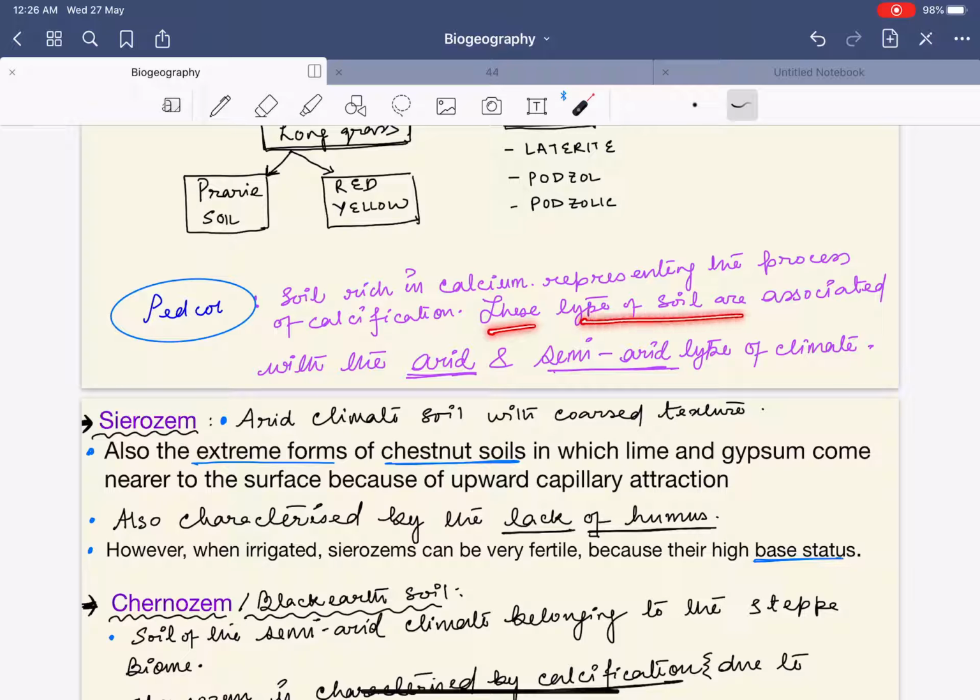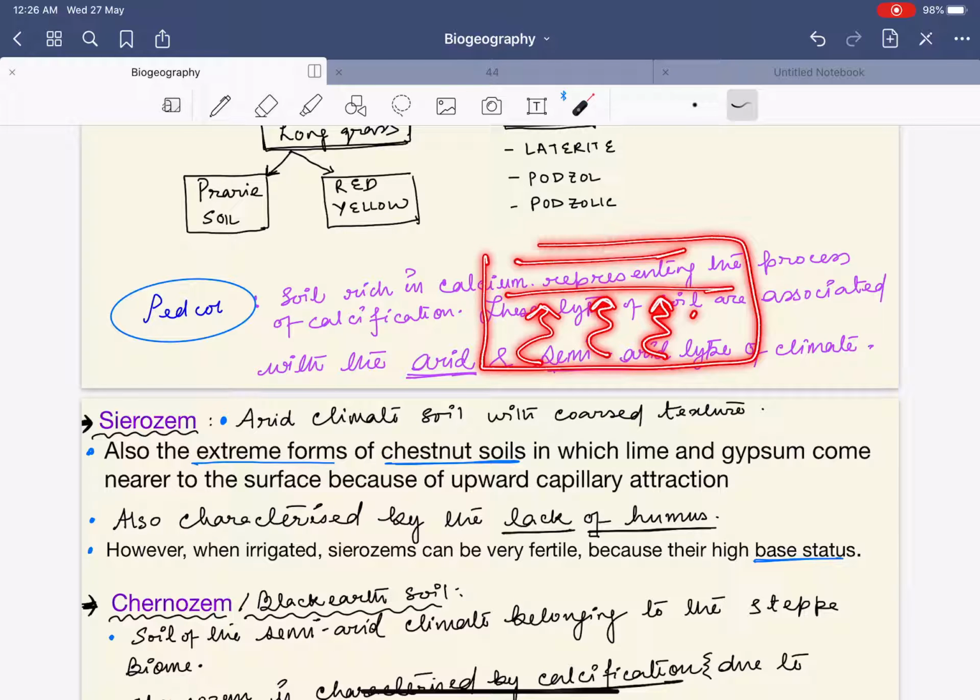Now this type of soil is associated with the arid and semi-arid type of climate. In this arid and semi-arid climate, what happens is that within the soil layer there is capillary action, as a result of which the calcium that lies within the soil bed comes up to the top soil.